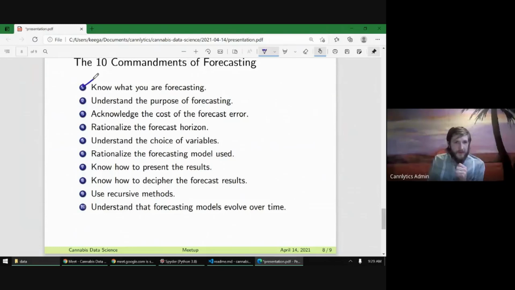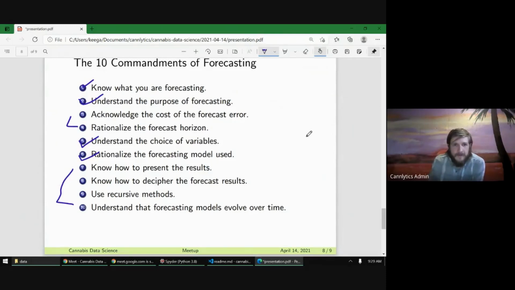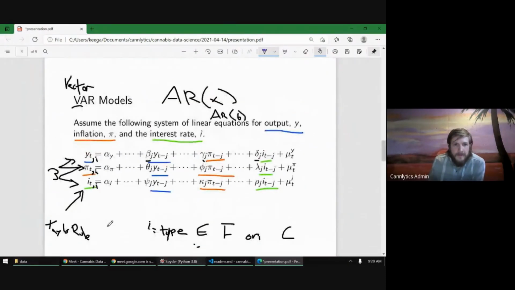So we know what we're forecasting. We know the purpose of forecasting. And so next week, we will be finishing up and we will forecast using this VAR model.